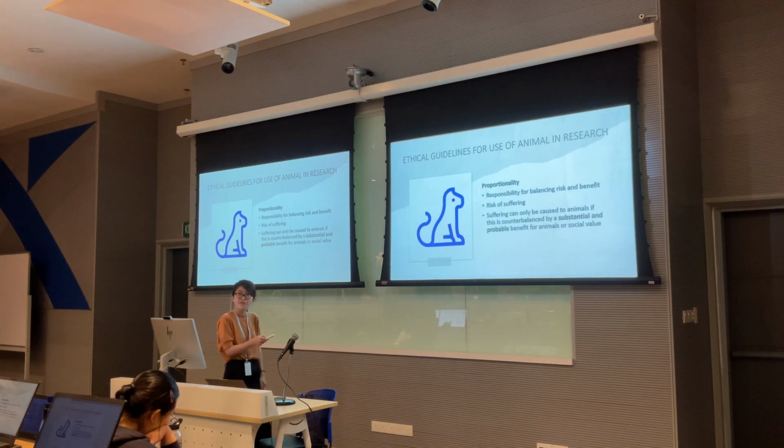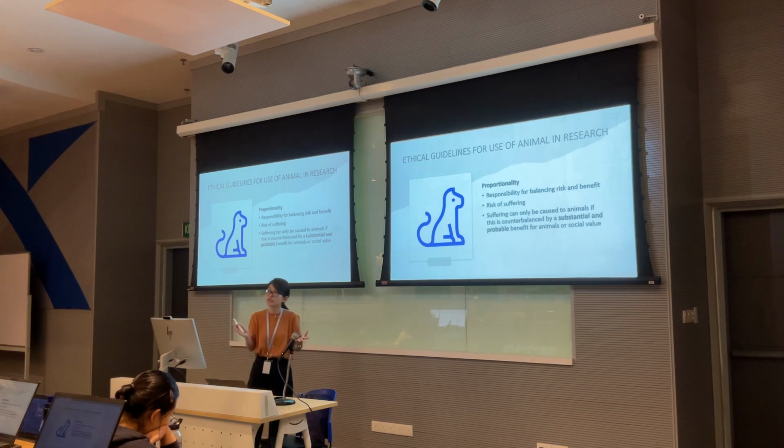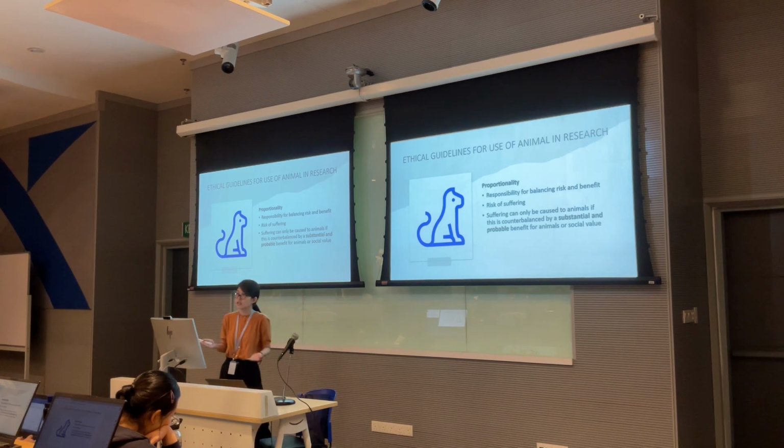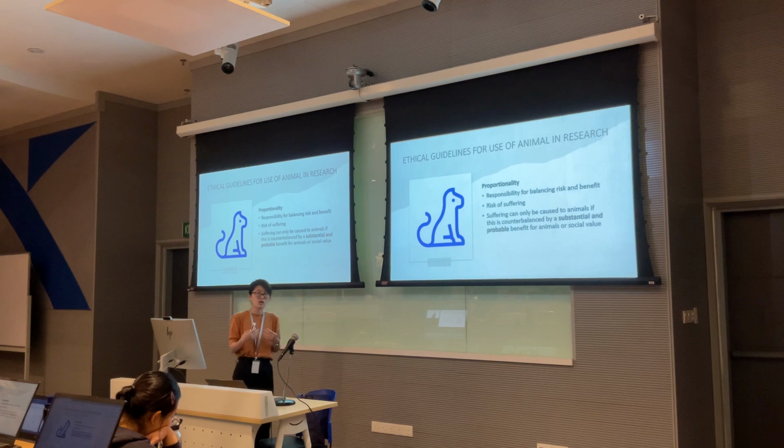Risk of suffering: do not let them suffer. If you are performing your experiment in an air-conditioned room, you need to provide them a heating instrument. Make sure they stay warm, instead of being continuously exposed to cold temperature during the surgery.